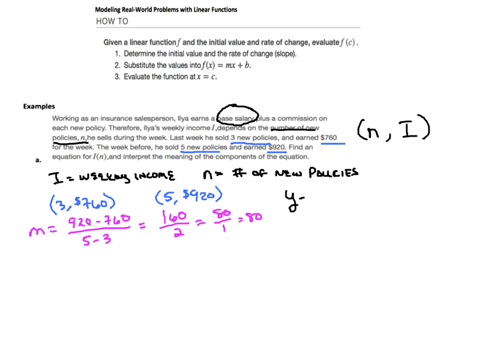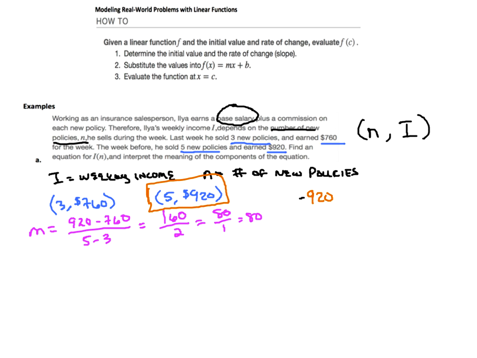I start with point slope form. Y minus, I'm going to choose one of the points. This time I'll choose the higher numbers, just to be different. So y minus 920. Oh, let me not use y and x. Let me use N and I to be consistent.